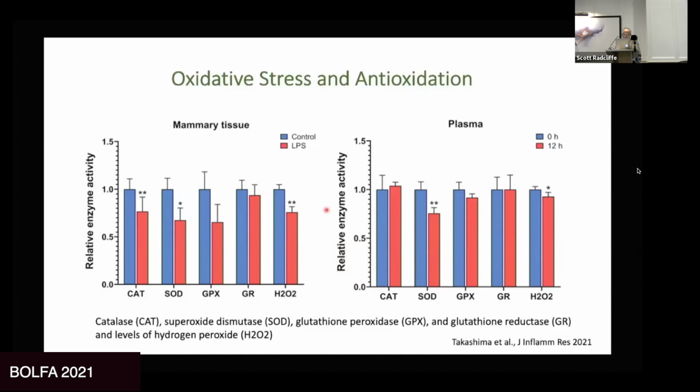However, we did see a decrease of hydrogen peroxide in both tissue and blood. But we did another experiment to show an increase at the early time, followed by a decrease at the later time. Probably it depends on when you take the sample. Here we took 12 hours.